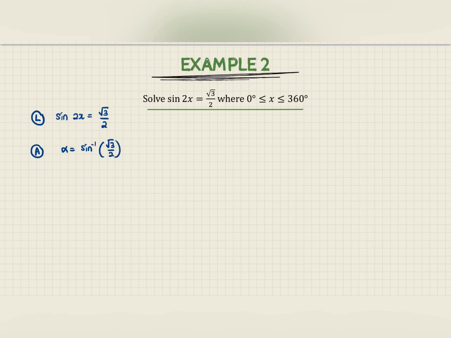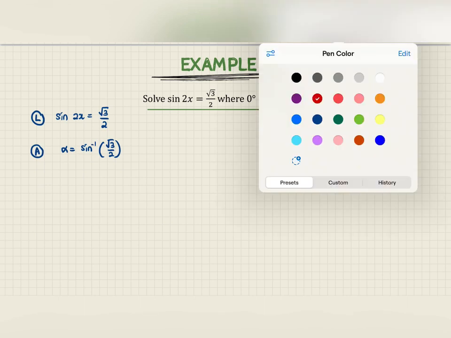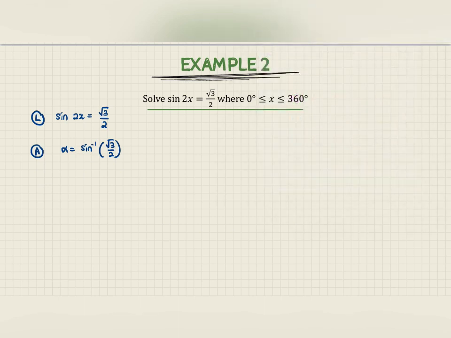Okay, so saya terlupa nak beritahu tadi. So, bila kita cari alpha ini sebenarnya, contohlah ya, let's say kalau soalan ini saya ubah kepada sin of 2x equals to negative square root of 3 over 2. So, untuk cari alpha, kita masih lagi akan guna positive value.